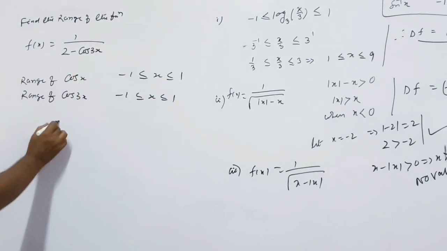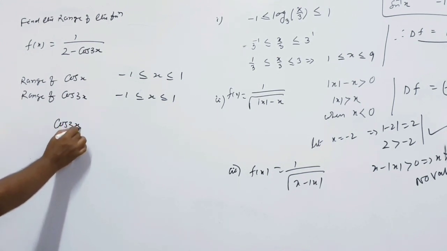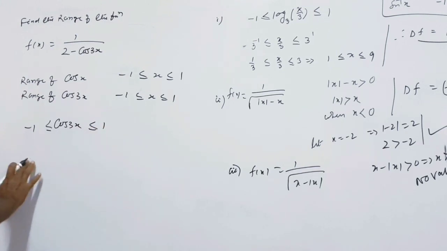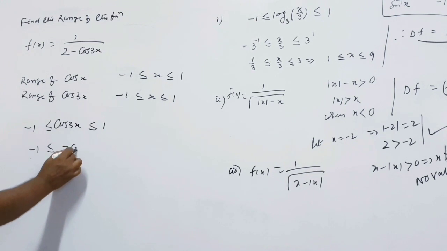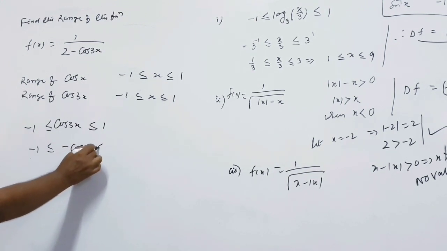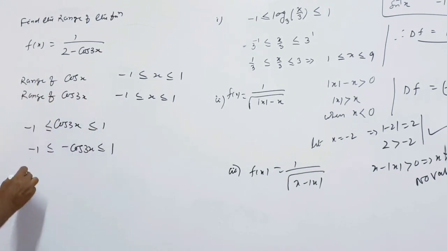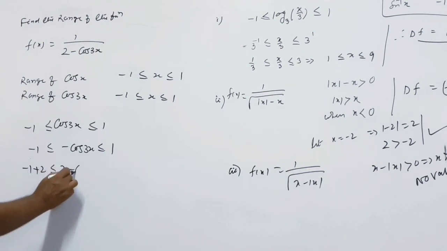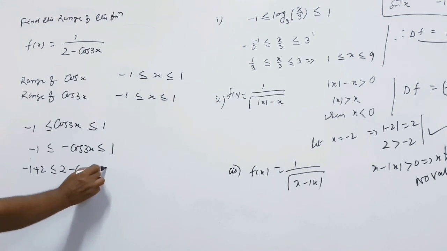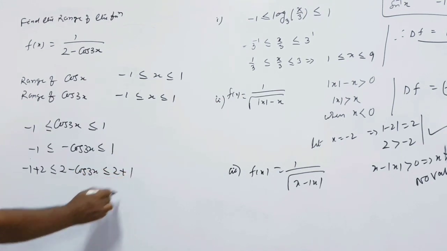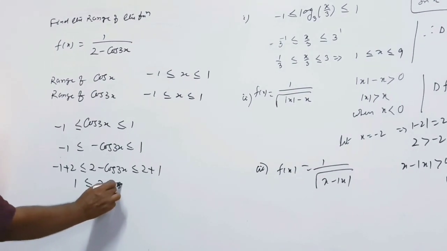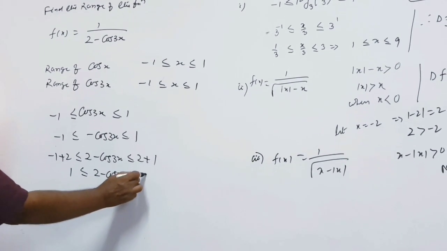Now cos 3x lies between -1 and +1. If you multiply by -1, it becomes minus cos 3x is less than or equal to 1. Now add 2: -1 plus 2 is less than or equal to 2 minus cos 3x is less than or equal to 2 plus 1, so 1 is less than or equal to 2 minus cos 3x is less than or equal to 3.